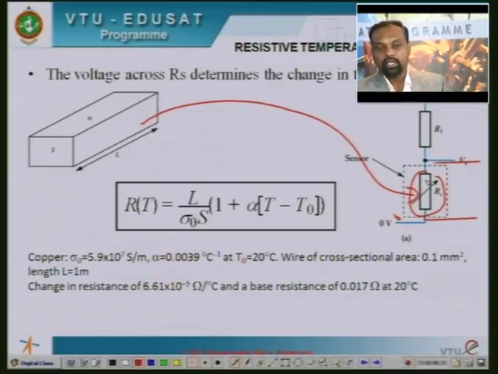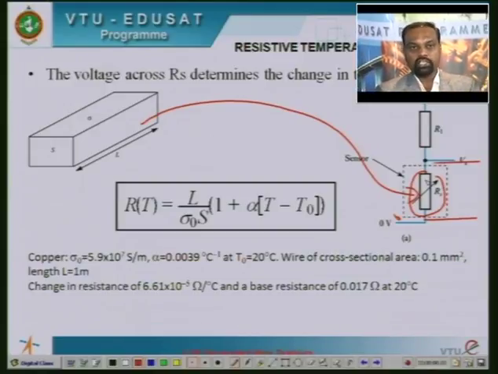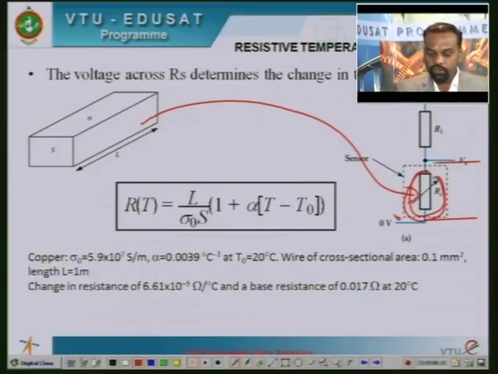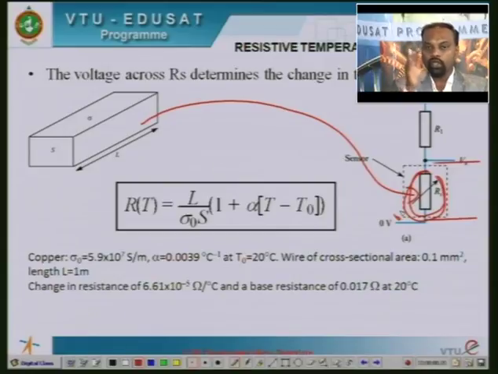So this transducer is now converting your temperature to resistance. Okay. So this is now called the primary transducer. If I introduce this into the circuit and apply a voltage across this, we now convert the resistance into a voltage, and we call that the secondary transducer.